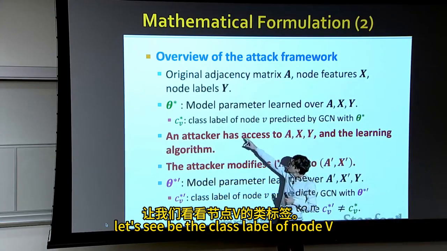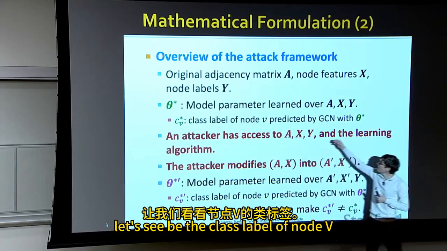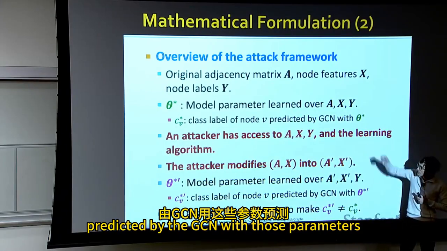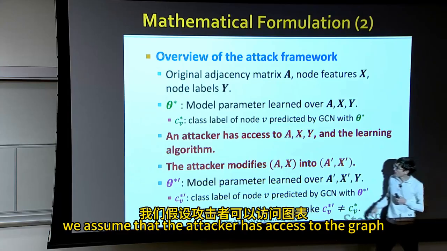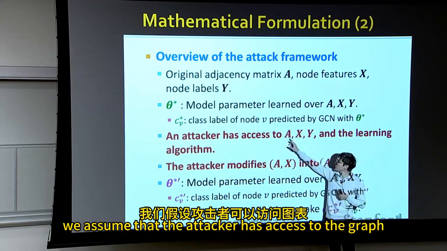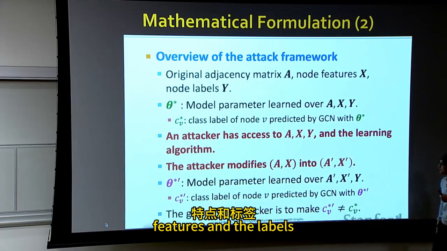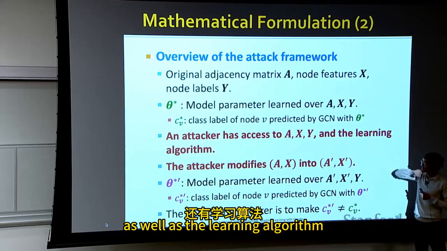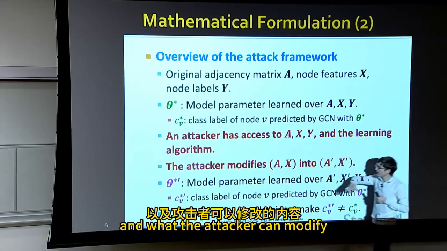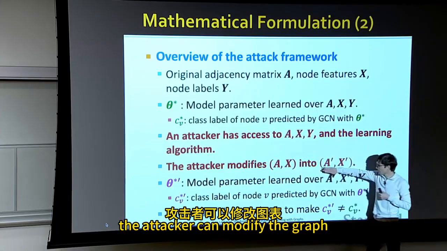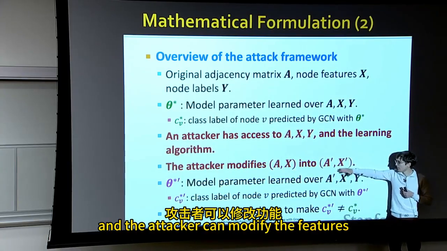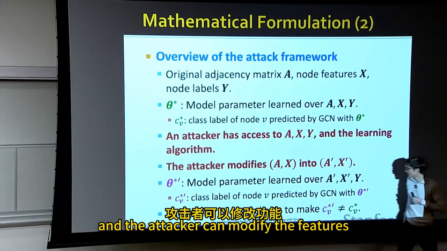Let C be the class label of node V predicted by the GCN with those parameters. Now we assume that the attacker has access to the graph, features, and the labels, as well as the learning algorithm. And what the attacker can modify is the graph, and the attacker can modify the features.